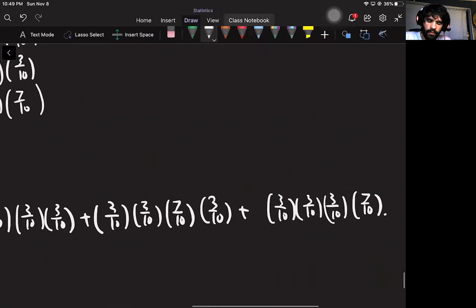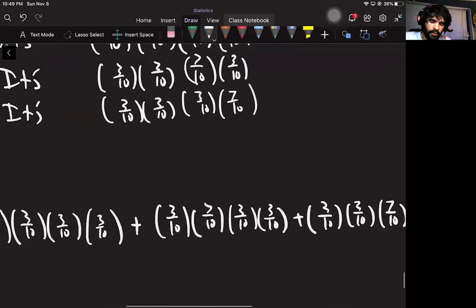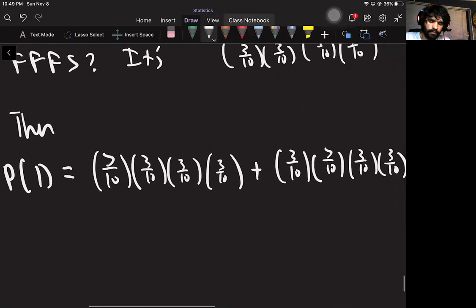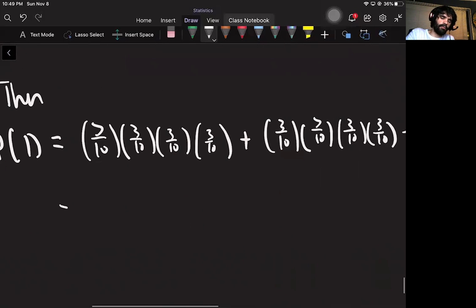But if you know some math, these 4 numbers are the same number, because they are the same 4 things being multiplied together in different orders. So this is really 4 times the same number.